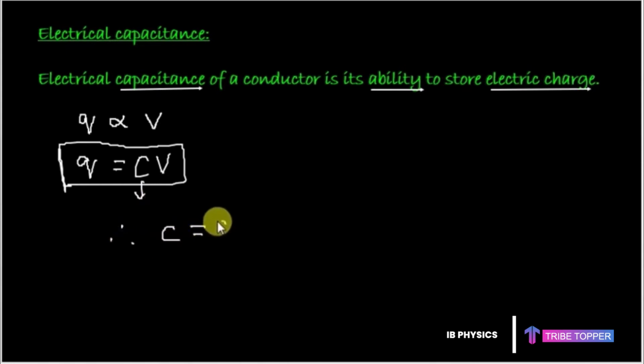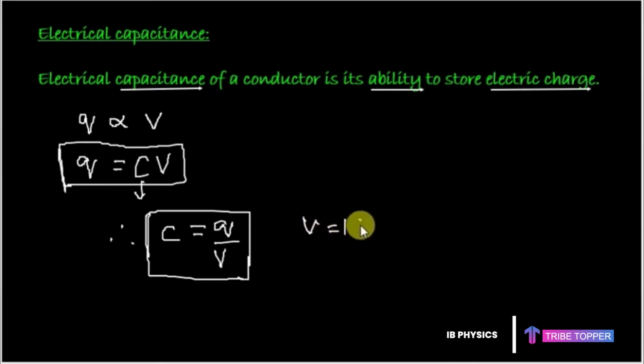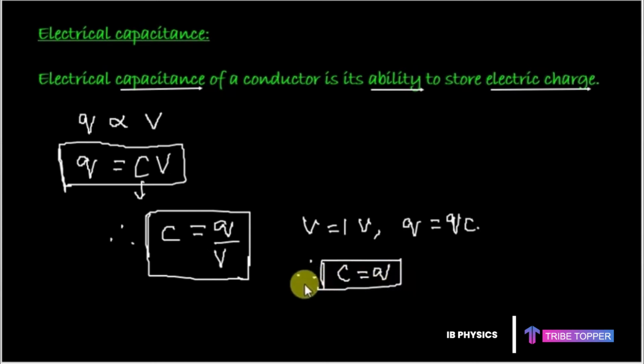Mathematically, it is defined as the ratio of the charge given to a conductor to the potential to which it is raised due to that charge, so C equals Q upon V. If charge Q coulomb is given and its potential rises by 1 volt, then the capacitance is equal to Q. So we can also define the capacitance of a conductor as numerically equal to the electric charge required to raise its electric potential by 1 volt.